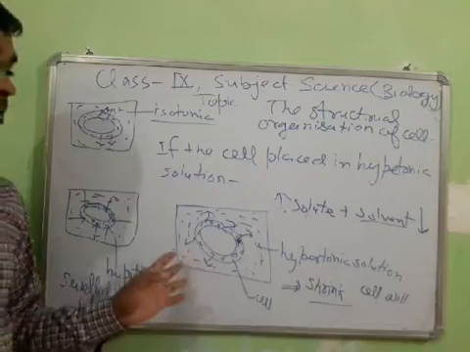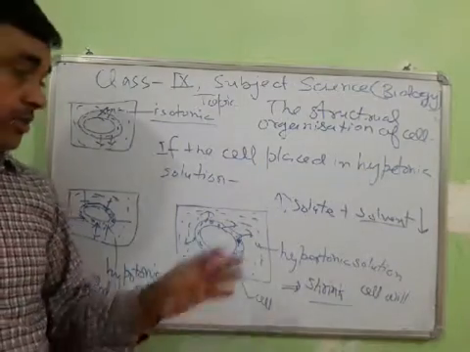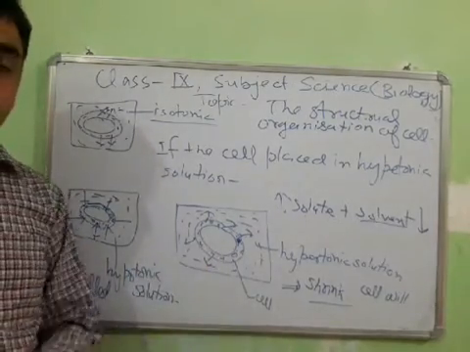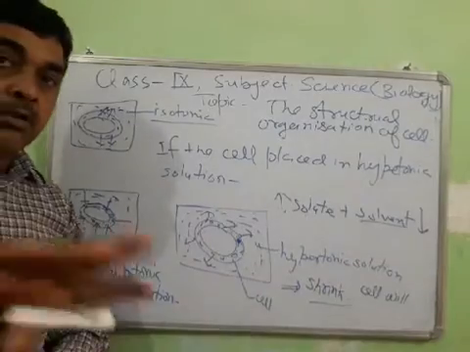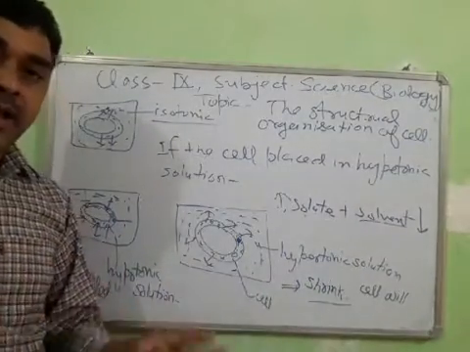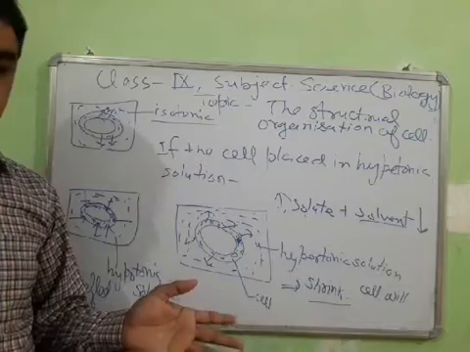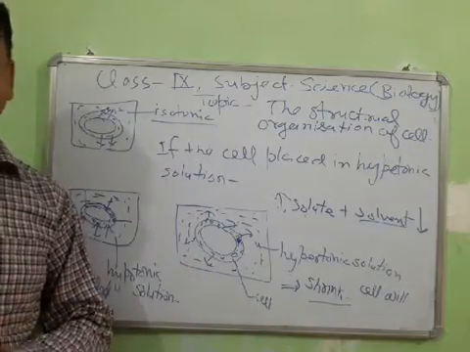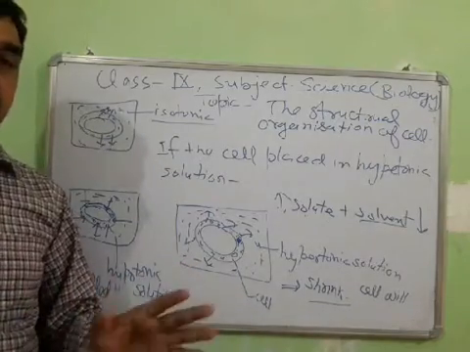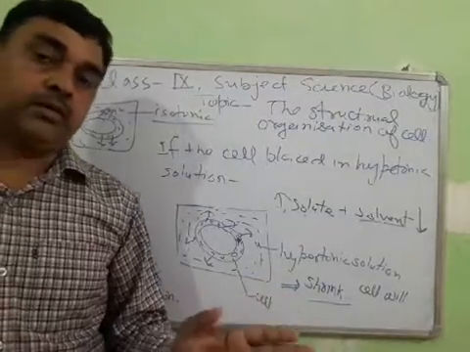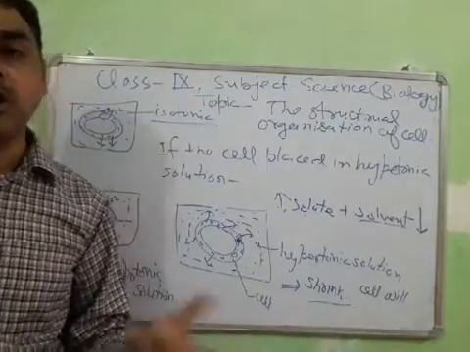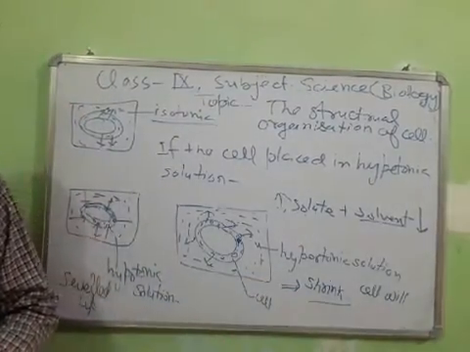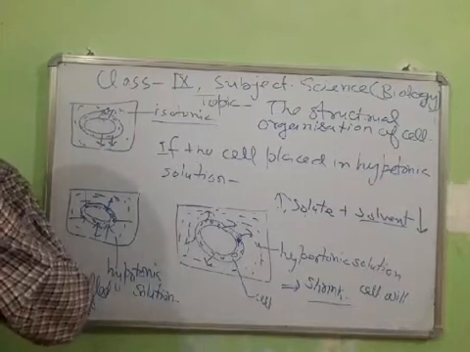Osmosis is a special type of diffusion, but it ultimately depends upon water. But water has many materials, many small solutes also. So this makes the solution hypertonic, hypotonic or isotonic.